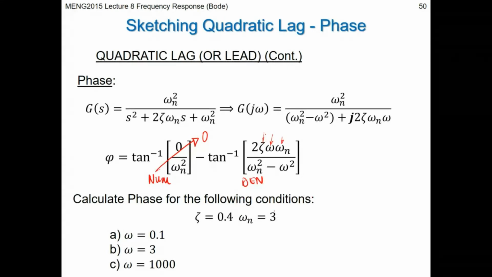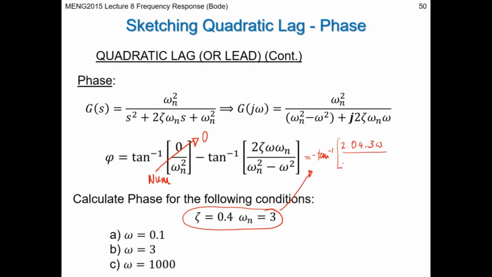So if we have values of zeta and omega n of 0.4 and 3, for instance, then for these conditions that I've specified here, we'll be taking minus tan to the minus 1 of 2 times 0.4 times 3 omega over omega n squared, which is 9, minus omega squared.